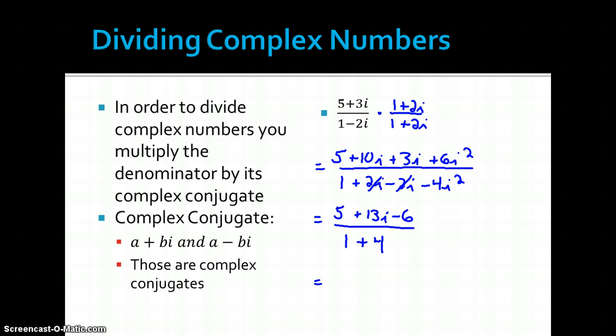Numerator, 5 plus negative 6 is negative 1 plus 13i. The denominator is 5. So hopefully we're starting to realize that when we multiply by a complex conjugate, all we do is 1 plus 2 squared. 1 plus 4, we get 5. This would be our simplified answer for this first one.